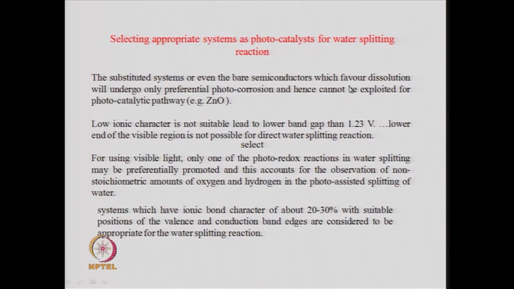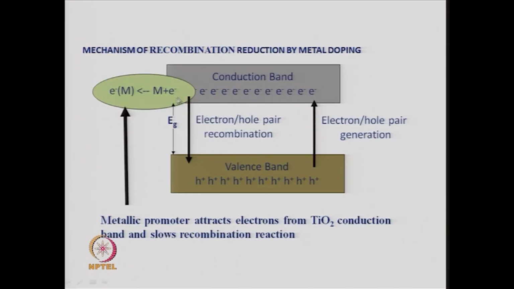Now, what we said is that if you can add metals which can take up electrons, then the recombination process can be slowed down, and this is helping the cause of photoelectrochemical splitting of water.